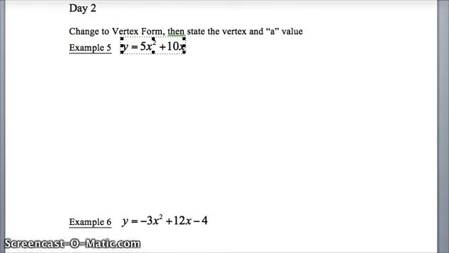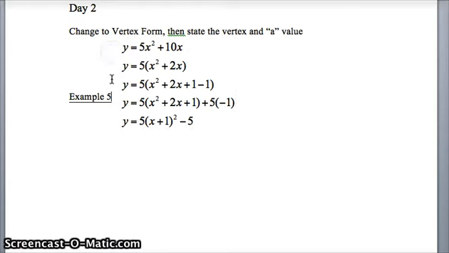We can now see that the vertex is going to be at -1, -5. And what's your A value? Our step pattern is a 5, so a vertical stretch of 5.